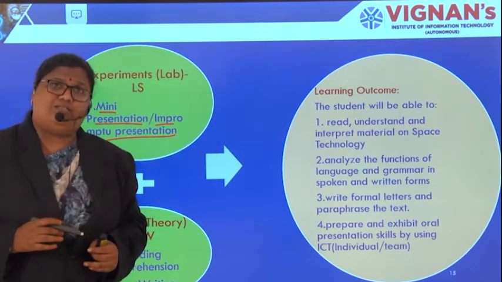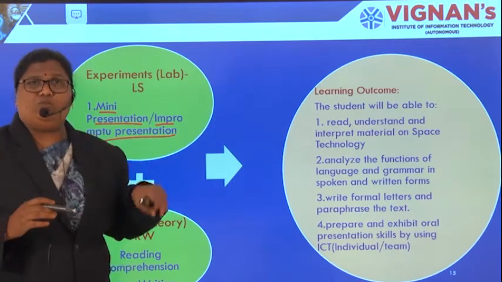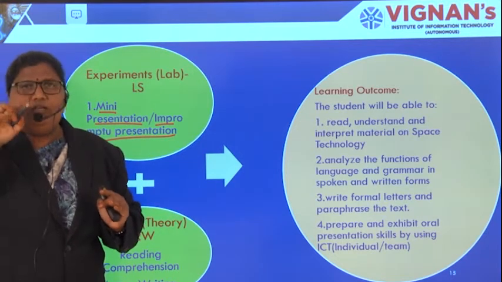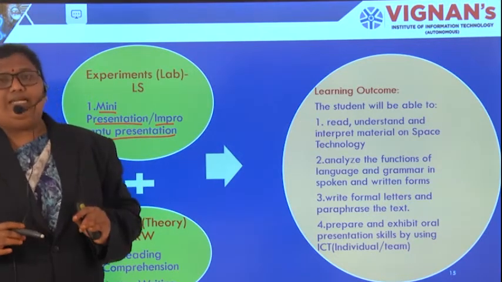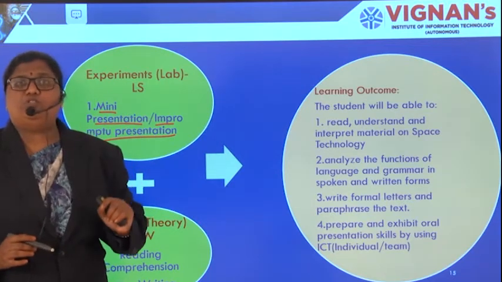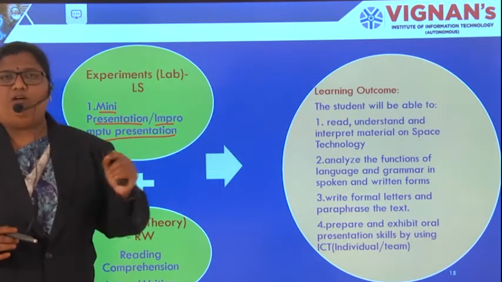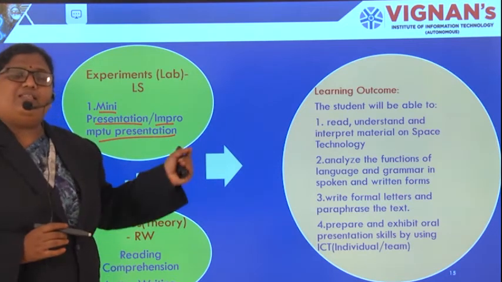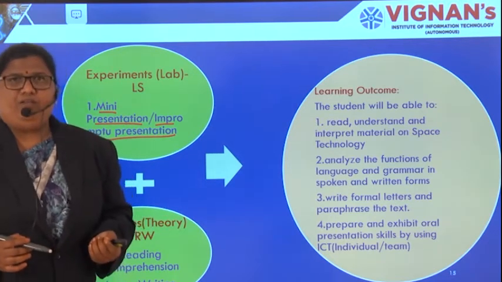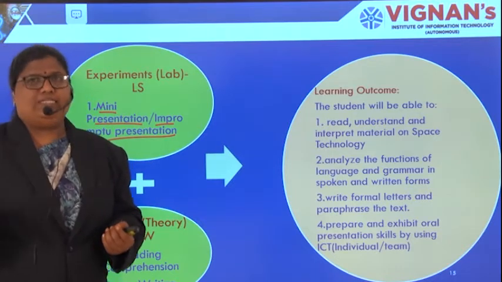And then impromptu presentation means, after all this is over, you are able to speak on your own. Now after coming onto the dais, I'll give you a topic, and on that topic you are supposed to speak for 1 or 2 minutes. That's nothing but impromptu presentation, something like extempore. So you have elocution and extempore.